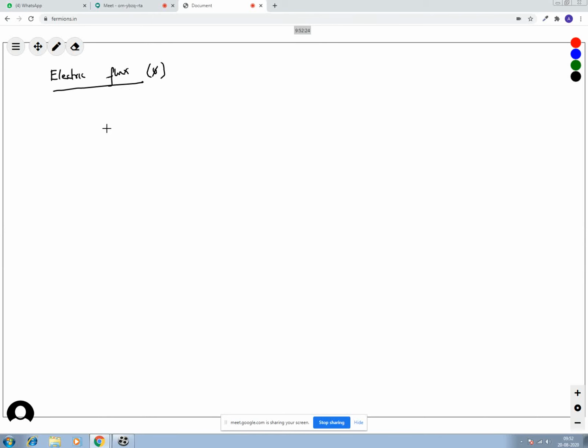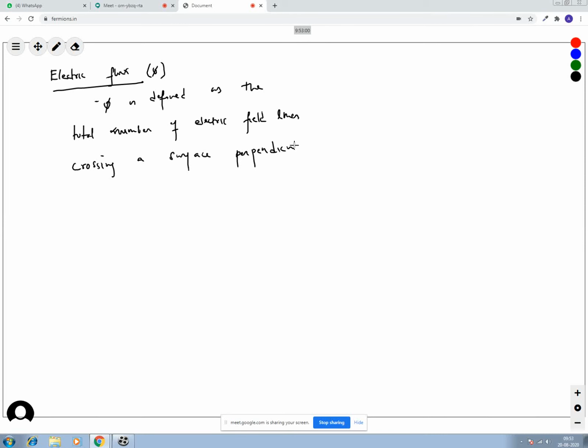Electric flux phi is defined as the total number of electric field lines crossing a surface perpendicularly. Now we will try to understand this.